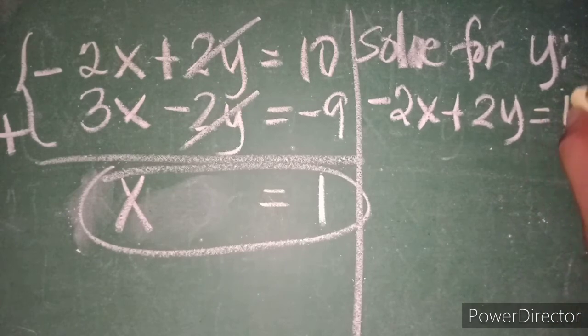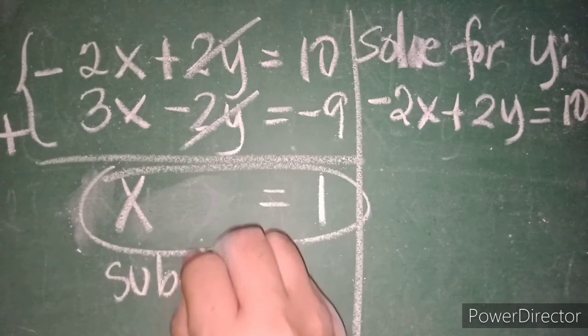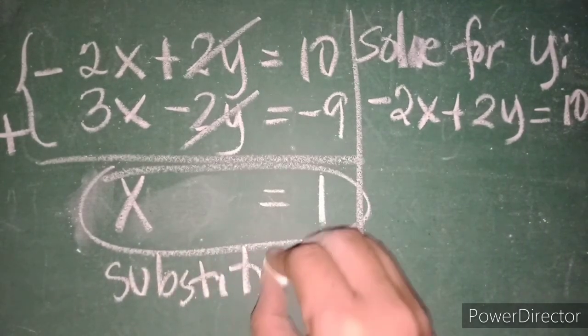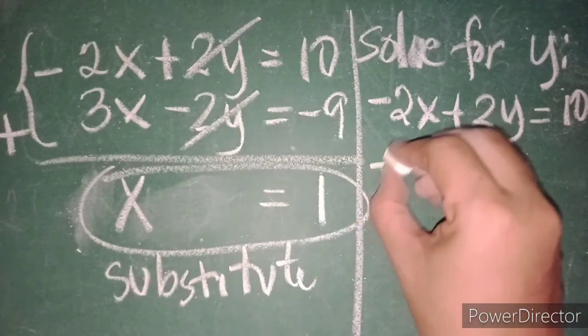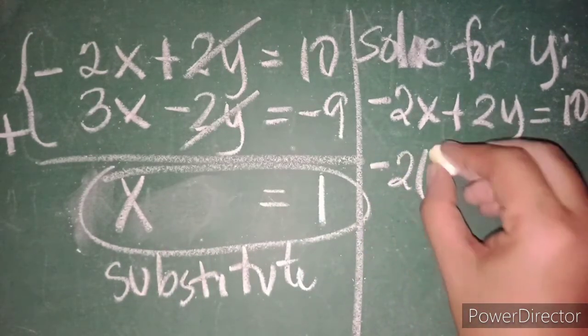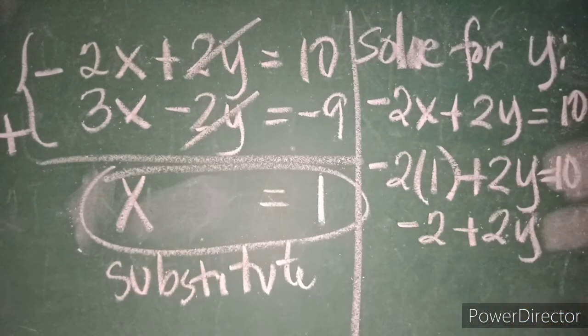And then, saka ko isa-substitute yung value ng x, which is positive 1, doon sa napili kong equation. Okay, so negative 2 times, palitan natin yung x ng 1, plus 2y equals 10. Okay, and then simplify, negative 2 times 1 is negative 2, then 2y equals 10.